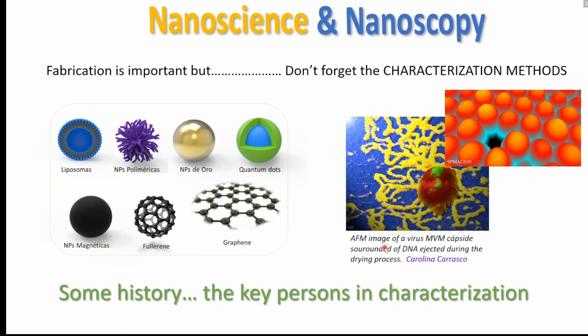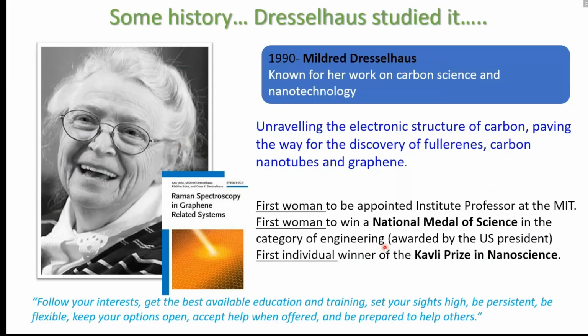If we look now for important women in this topic, we find, for instance, Mildred Dresselhaus. She used Raman spectroscopy to characterize carbon-based materials, and her experiments were really important for further characterization of amazing things like fullerenes, carbon nanotubes, or graphene.